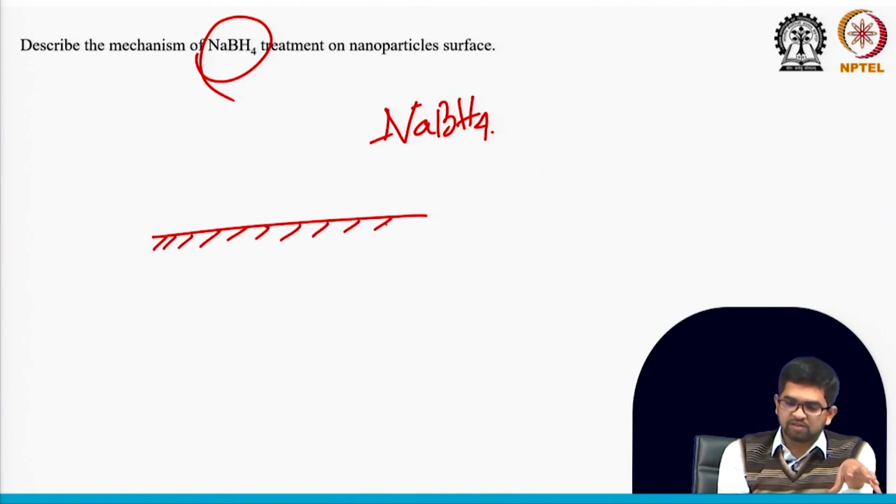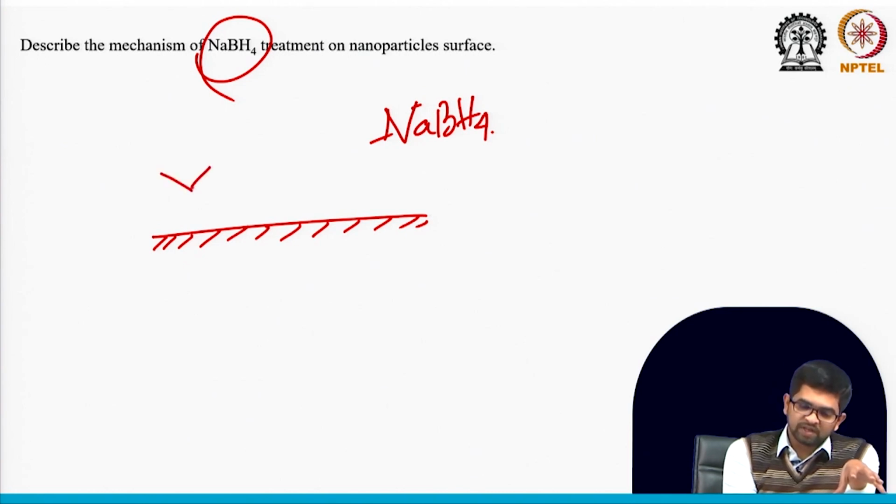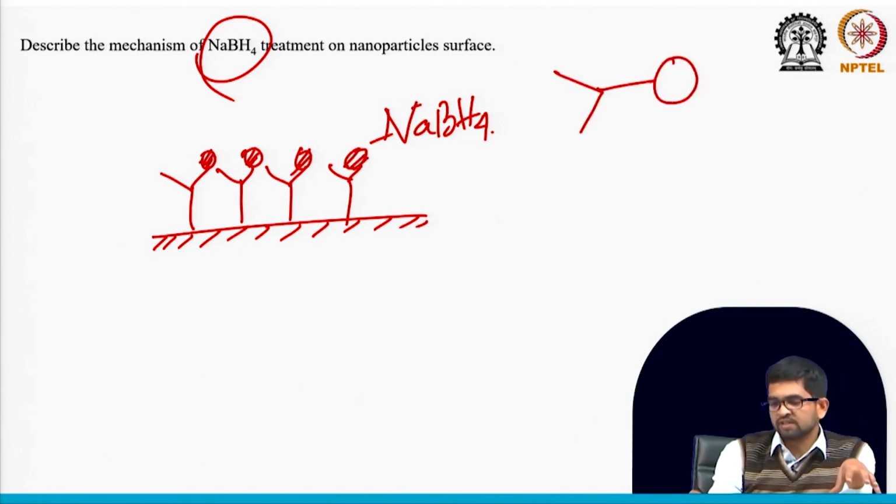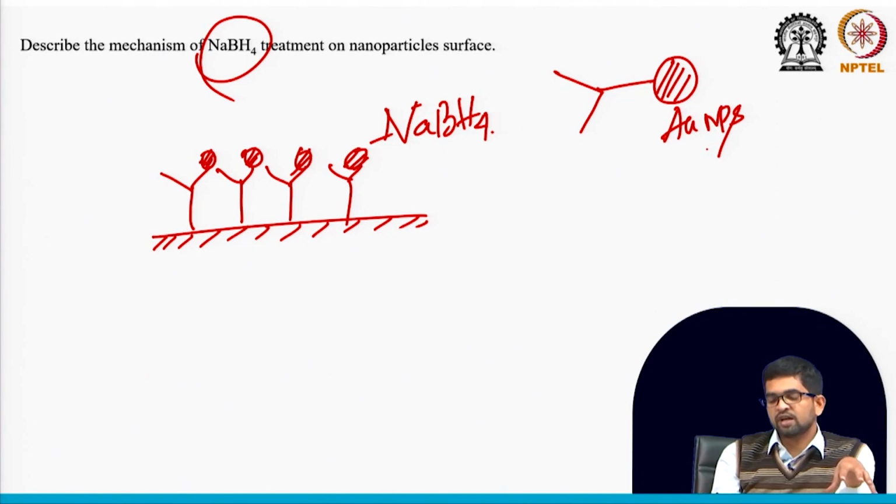So, maybe you have some primary antibody coated on your sensor surface, and if you drop your target antigen, it will bind. Now your secondary antibody is conjugated with gold nanoparticles, right? You can use this gold nanoparticle for the sodium borohydride treatment.